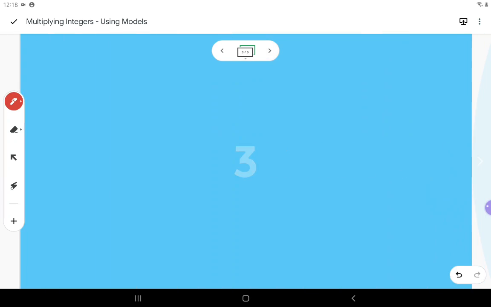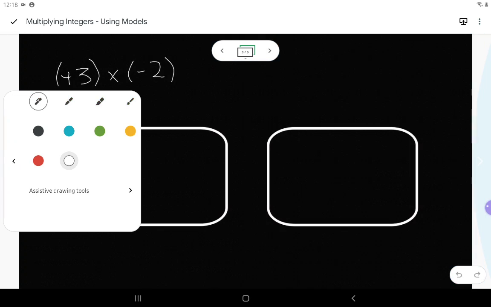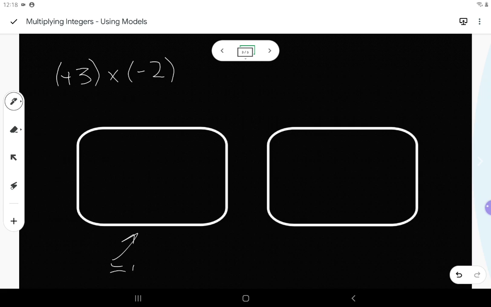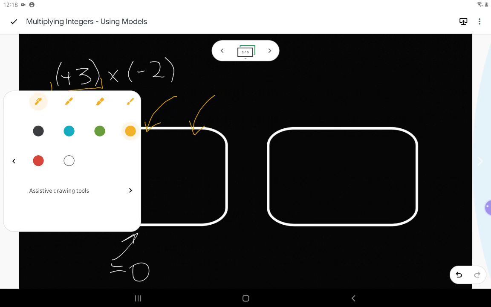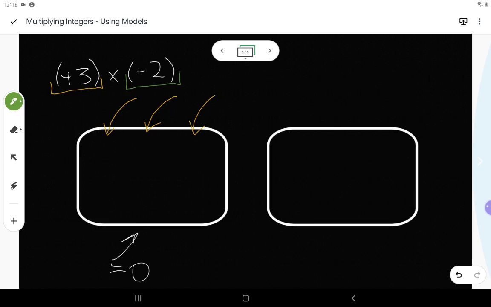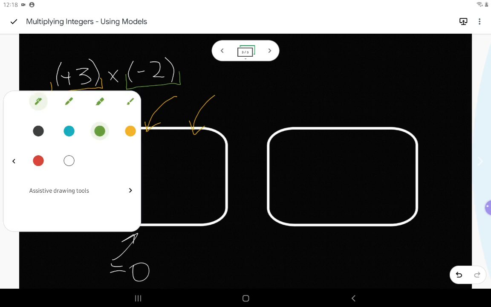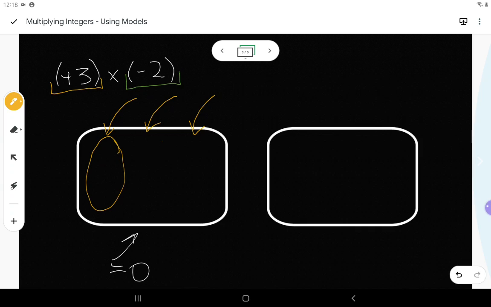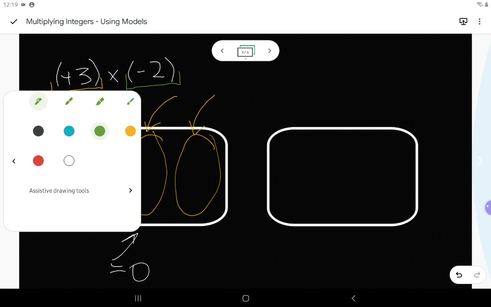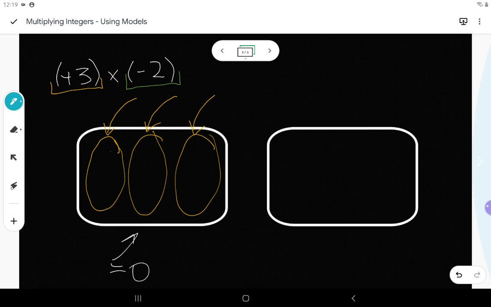Let's do another one. Same idea: I'm starting with a blank desktop, so right now this equals 0. It's blank, I've got nothing on there. First I'm going to add in 3 groups of things onto my blank desktop. Inside each group I'm going to have 2 negatives. So I'm going to add 3 groups, 1, 2, 3, and inside each of those groups I want 2 negative integer chips.